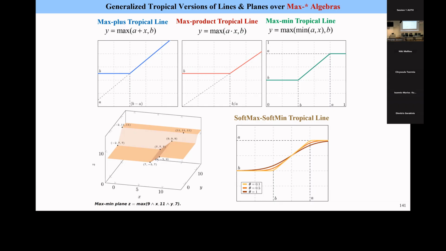In red, you see what happens if I generalize to max product. In green, what happens when I generalize to max mean. Namely, I have replaced the plus operation in the blue case with the product operation in the red case, with a minimum operation in the green case, and below with a soft max operation, soft mean operation in this brownish case.